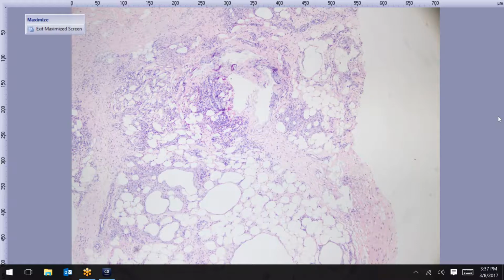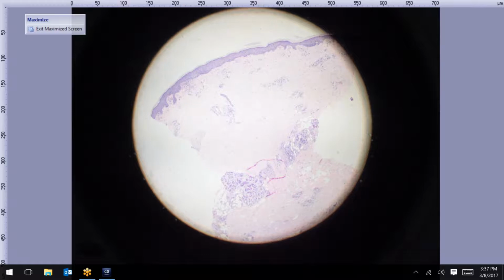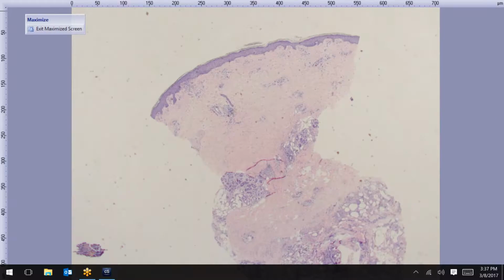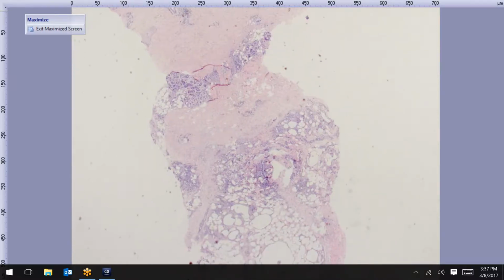So I'll start on the first case. This was a case we received today, a 55-year-old who had some kind of firm plaques on the lower legs that were kind of indurated.